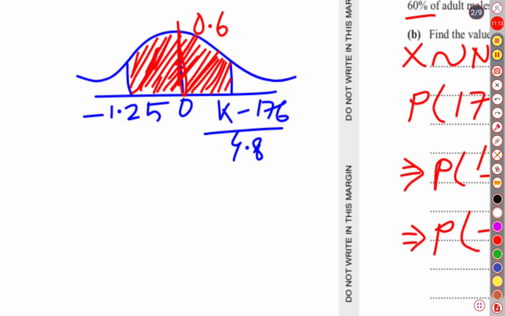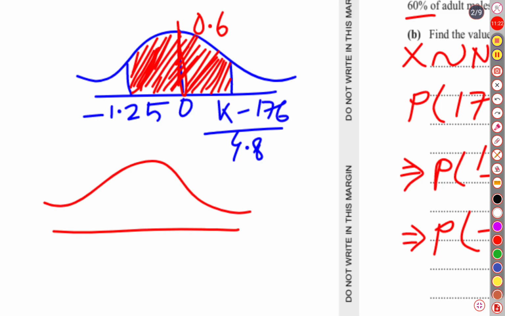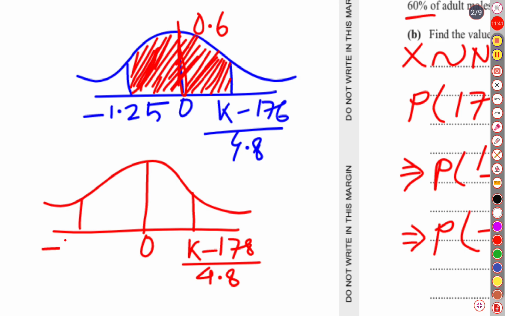So how can we find this probability in between these two lines? Let me draw another graph. Suppose here there is (k minus 176) over 4.8, here 0, and here negative 1.25.